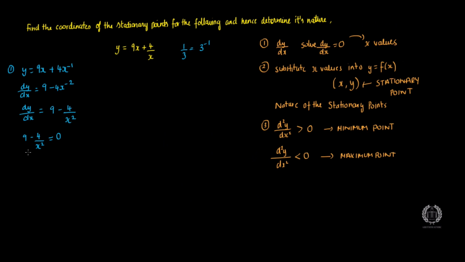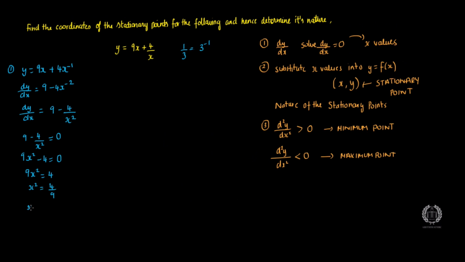So I'm going to times this 9 by x squared, so that's going to give me 9x squared. Now timesing this by x squared means the x squared goes, so you're left with minus 4. And then if you times x squared by 0, that's going to give us 0. Now we're going to solve for x, so we can bring the minus 4 to the other side, so it becomes positive 4. And then if we have 9x squared, we get rid of the 9, so we're going to have x squared equals 4 over 9.